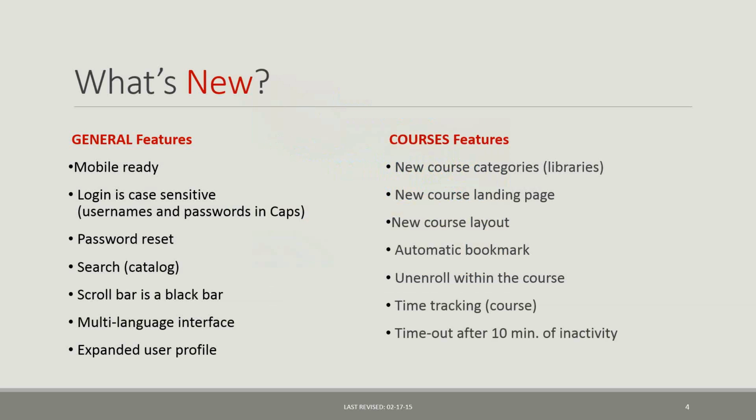So if you are in a course and you haven't moved the mouse, you're not watching a video, you're not doing anything, after 10 minutes the system will say, okay, you're not doing anything, and it will stop tracking the time. However, if you're watching a video, the system understands that there's somebody using the system, so it will track that time. So now you can tell how much time students spend in a particular course. And the timeout, of course, is after 10 minutes.